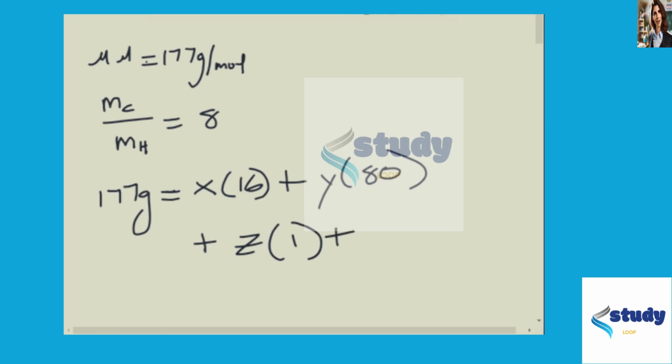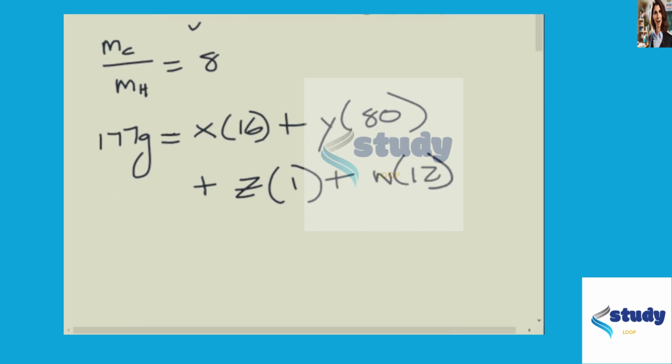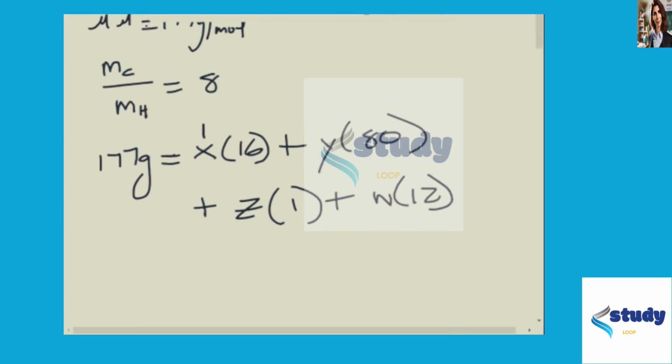Then another factor, let's call it W, to be the amount of carbon. So these would be equivalent to the mass of oxygen, the mass of bromine, the mass of hydrogen, and the mass of carbon.